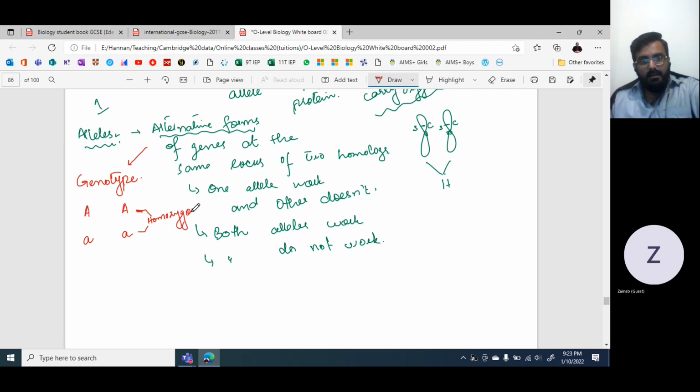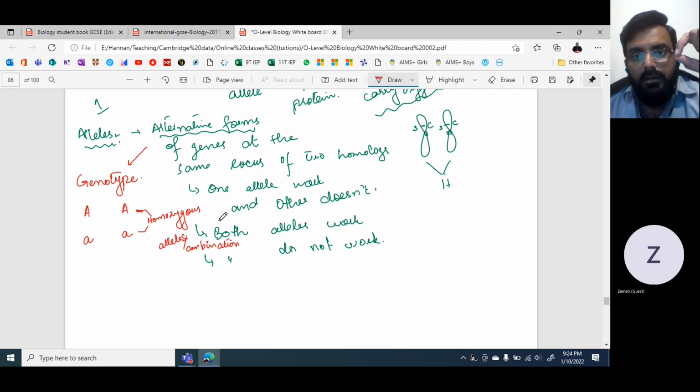homozygous alleles. Or you also may mention it as homozygous combinations. Homozygous combination means that both are working or both are not working.